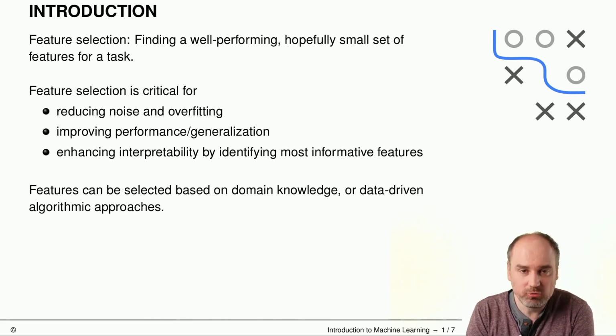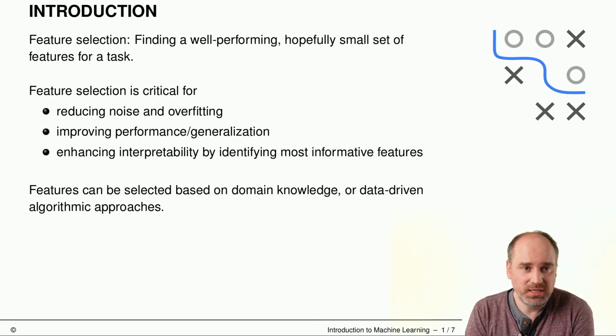Feature selection is pretty crucial if you have high dimensional data sets which are quite noisy, which have a lot of noisy features in there of lower quality, where the chance of overfitting is quite high. So in a certain sense, you can also see feature selection as a pretty expensive form of regularization. It can improve predictive performance. Why that is true or can be true, we'll study in a few minutes.